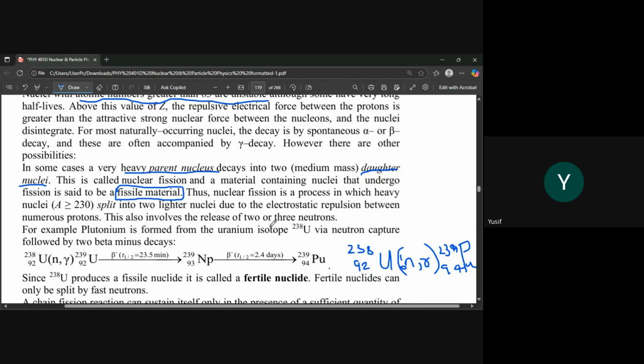Oh, with the neutrino and the other aspects, you don't worry. My interest is to balance the whole thing. So that at the end of the day, if I look at the reactant side and the conservation of the atomic number and the mass number, or the conservation of the neutrons is observed, I'll give you your full marks.